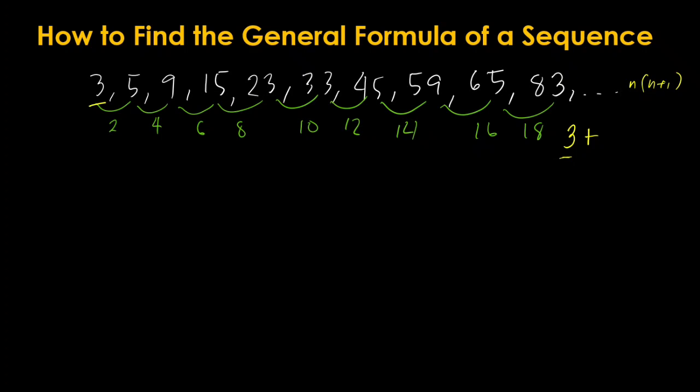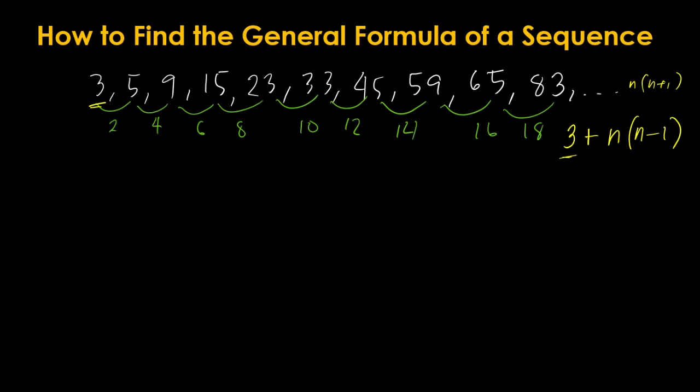So n minus 1 and n plus 1 minus 1 is n, so we have n and n minus 1. So that when n is 1, this one is 1, this one is 1 minus 1 is 0, so it's 0, and we begin at 3. There you go.